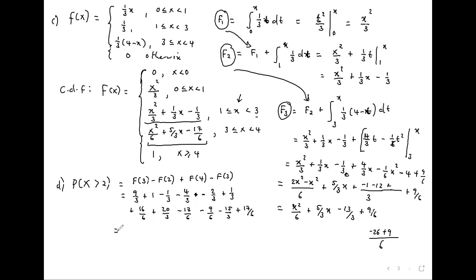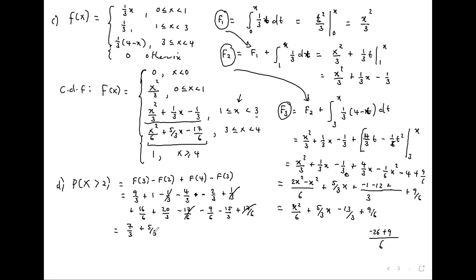So you can see that this one takes away that, this one takes away that, and 9 over 3 there, we just get 9 minus 2, which is 7. So we have 7 over 3, and then 3, that is 20 minus 15, that is 5 over 3.